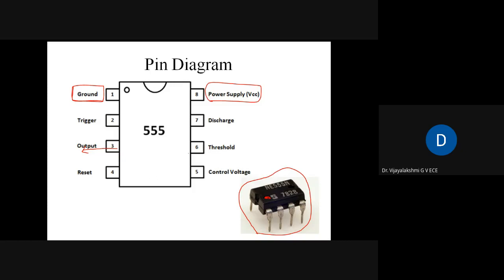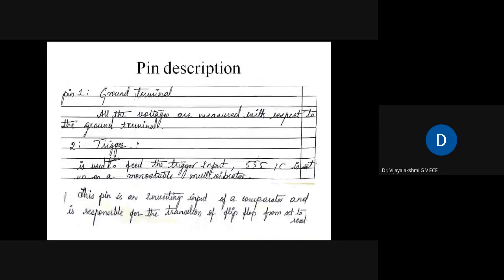So let me tell about the other pins in detail. Pin number 1 is the ground terminal. So all the voltages are measured with respect to ground. That's why we require the ground terminal. And I've told you about the supply voltage, where we are giving it, and where the output is.